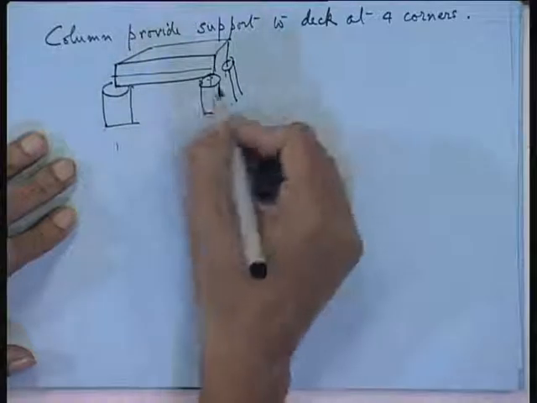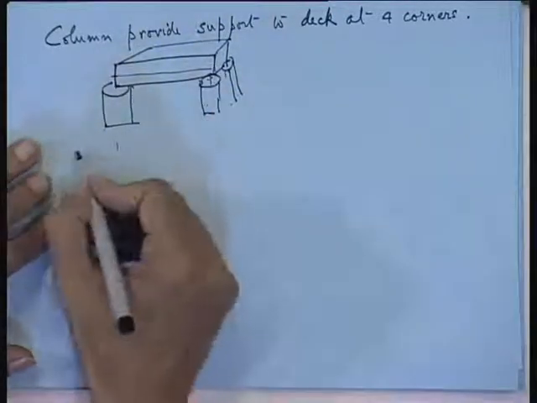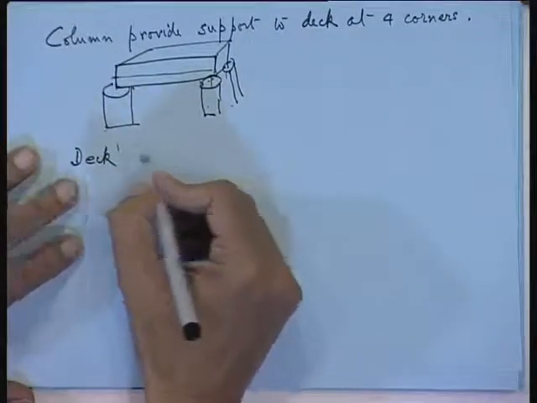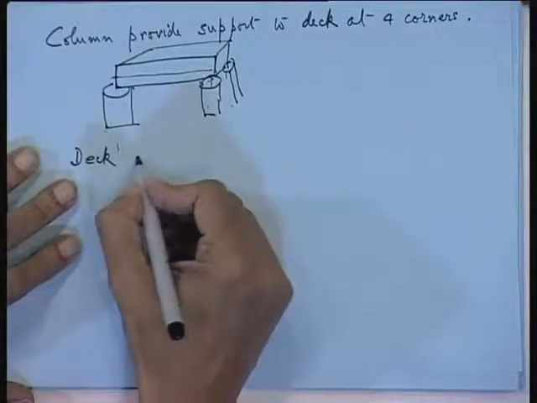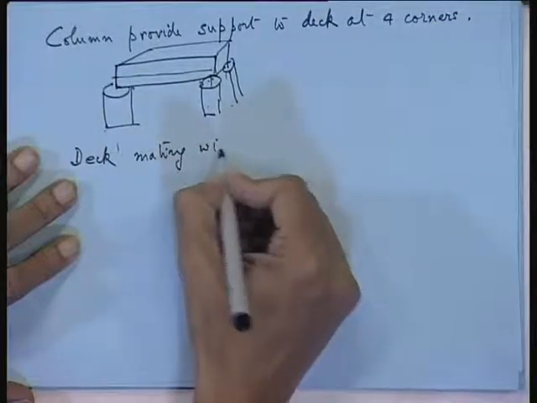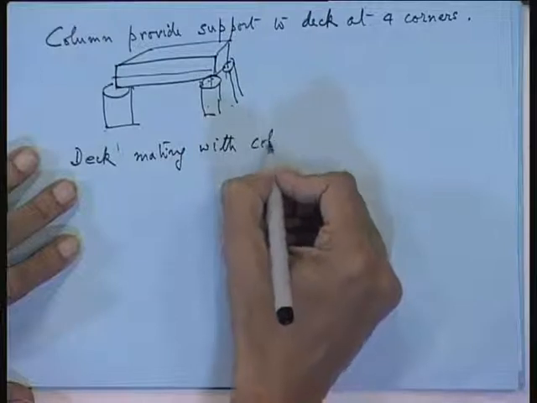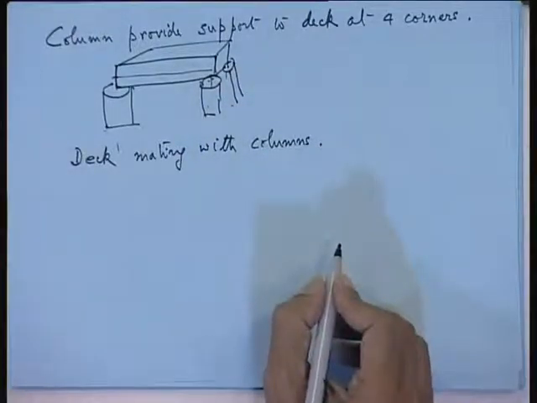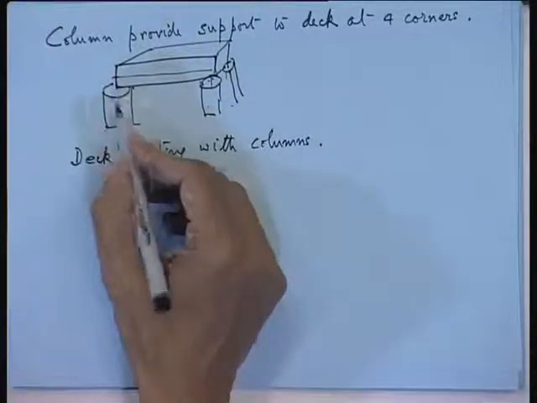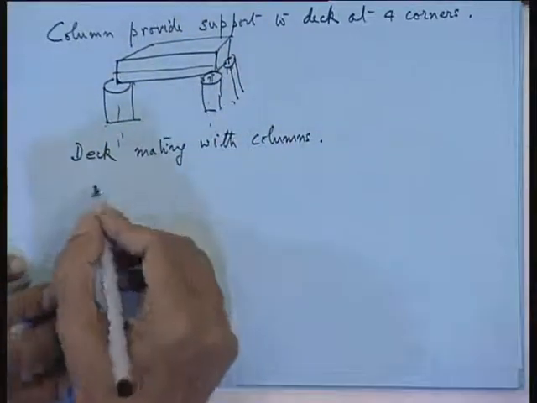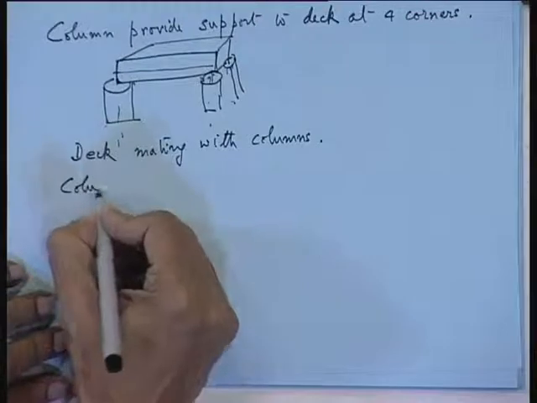Here the deck has to mate with the columns for installation. So, this is one of the major points that you should remember. The column spacing is to be decided on the length and breadth of the deck.